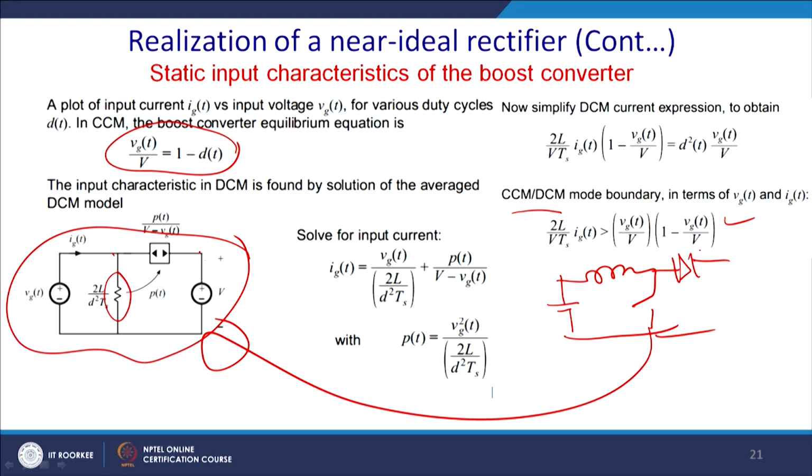From there, we can solve for the input current. So, the input current becomes Vg(t) by 2L D(t) square Ts plus P(t) by V minus Vg(t). From there you come to the overall expression, that is P(t) equal to Vg square by 2L D(t) square Ts.